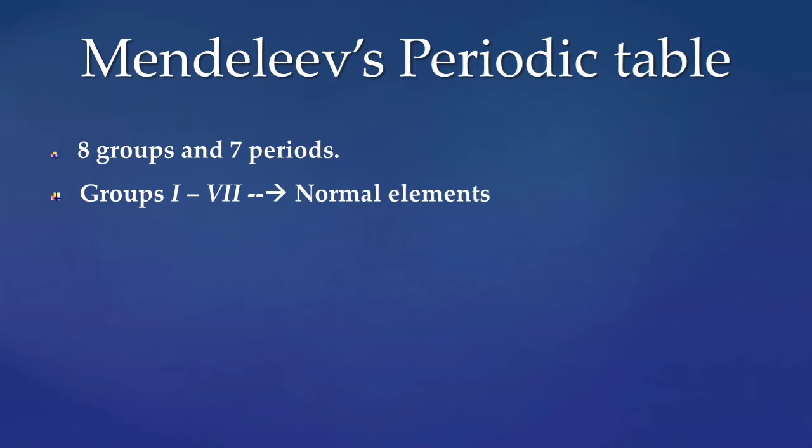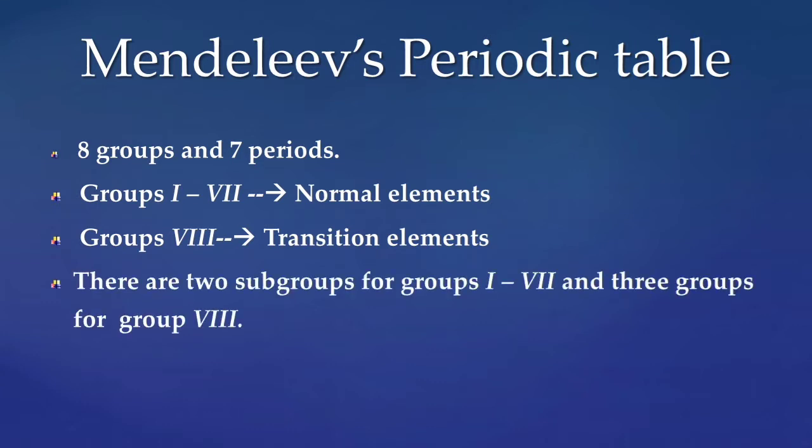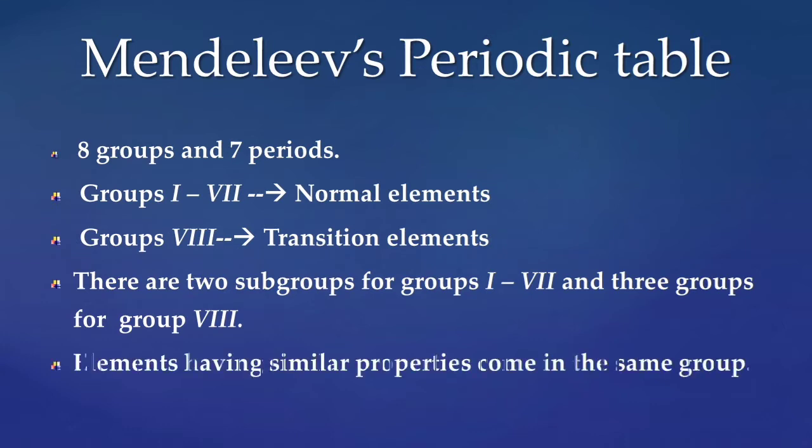Groups 1 to 7 consisted of normal elements. Group 8 consisted of transition elements. The first 7 groups were divided into 2 subgroups, and the last group, that is group 8, had 3 subgroups. An interesting feature observed in Mendeleev's periodic table is that elements having similar properties come in the same group.